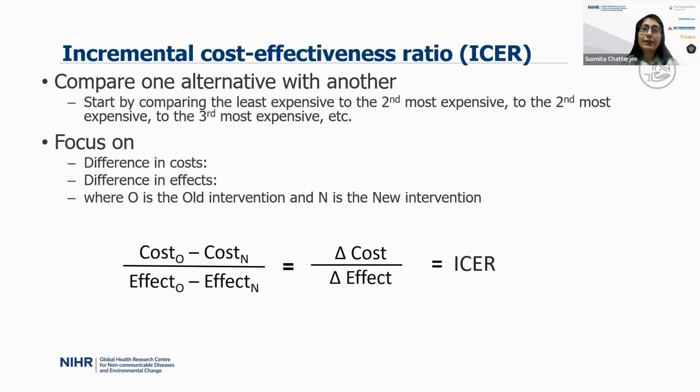How are you going to define which is the most effective intervention for reducing, say, cholera incidence? You have to find out the cost for each of these interventions, and the effect, which, as I said, could be in terms of number of cases averted or number of deaths averted. And as you think of death, you may consider QALY or DALY.